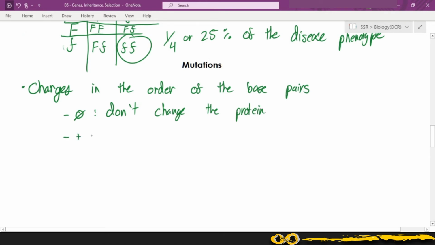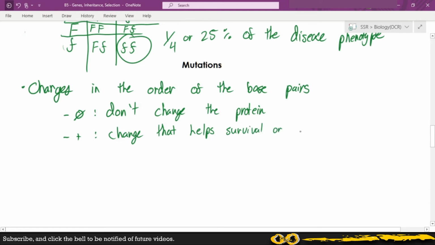Some of these are positive, and so they change the protein in a way that helps the individual survive, or that helps the individual reproduce. And some of these are negative changes, so these are changes that harm the individual.